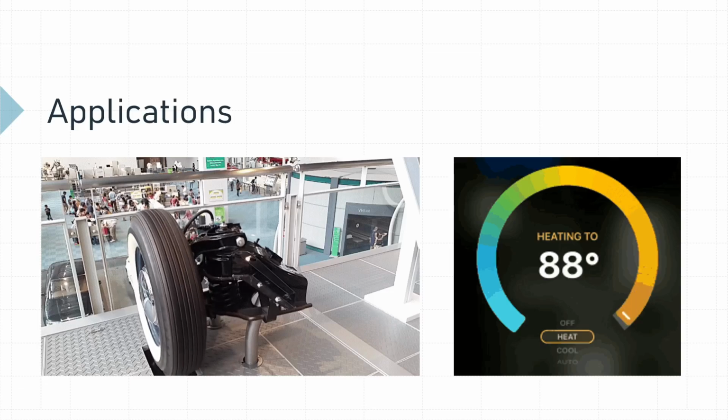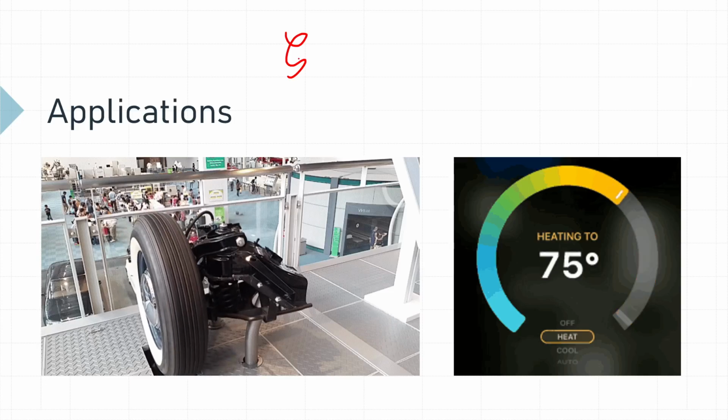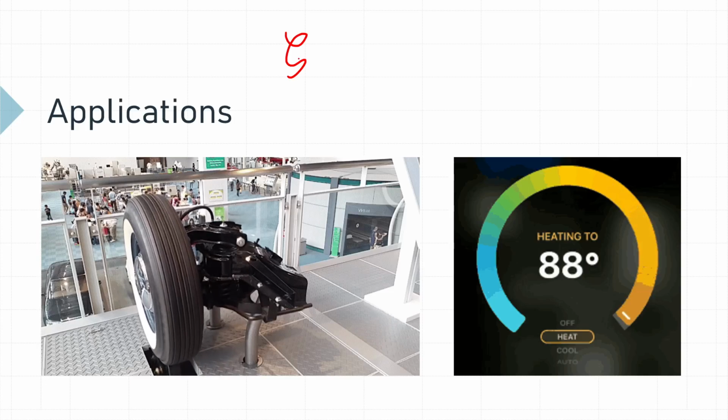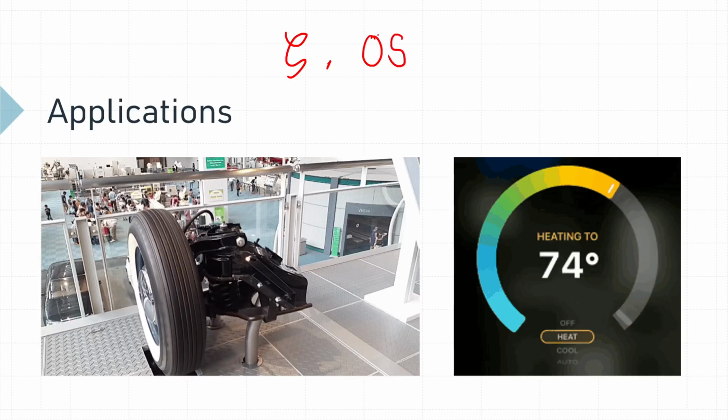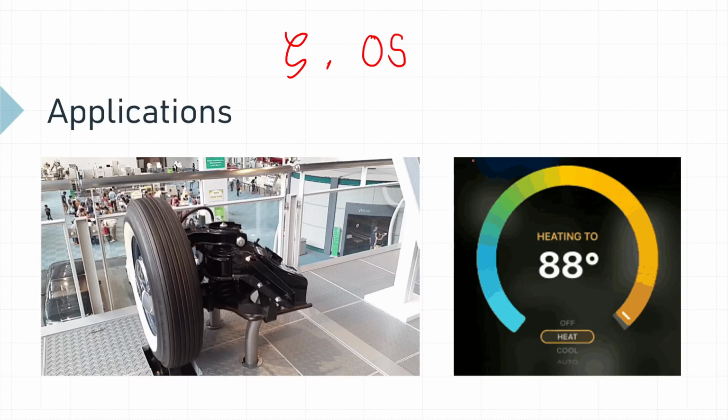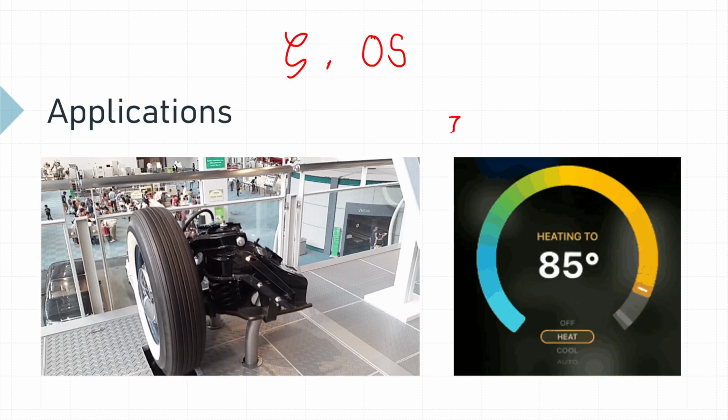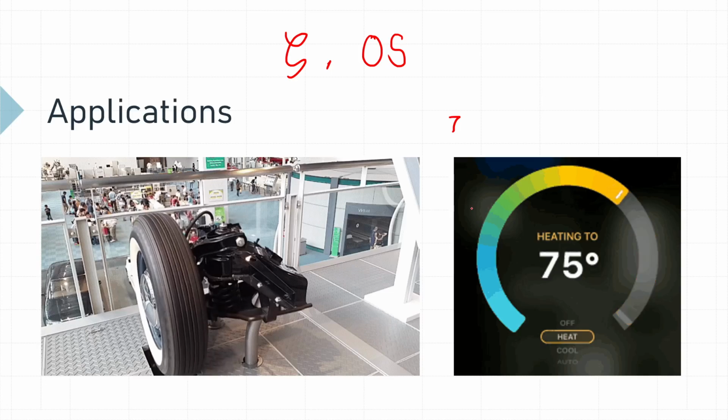In summary, understanding damping ratio, zeta, and also overshoot, OS, is crucial for designing effective and efficient systems. Balancing response time, that is tau, and also stability is key in applications ranging from industrial process control to everyday technologies. And that's about right for my presentation.